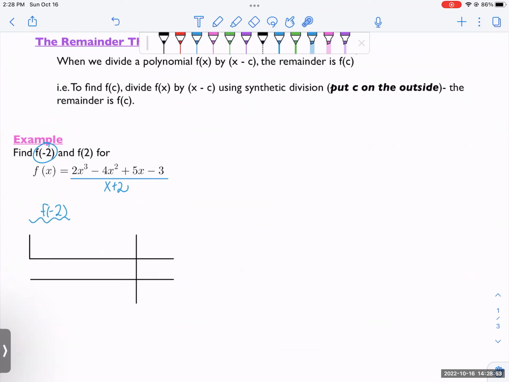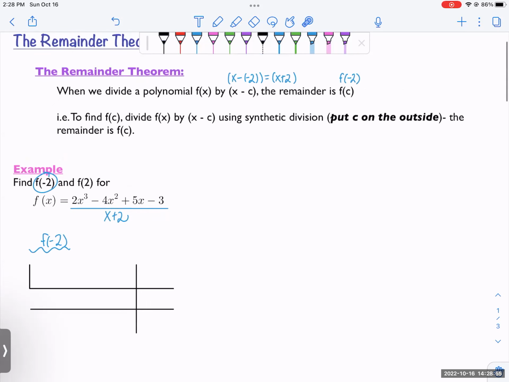If we're dividing by x plus 2, then when we go to do synthetic division, we do the opposite sign. If this is a positive 2, down here we're doing a -2. But that's interesting, right? Because then it's just putting whatever number you're trying to evaluate f for on the outside. It's just the same number. It's just pretty cool.